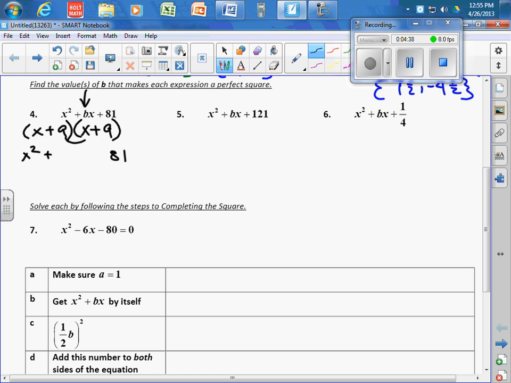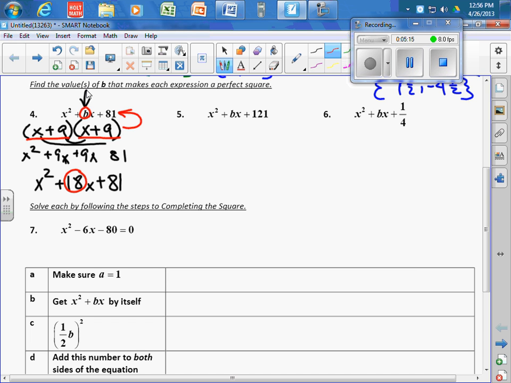We get plus 9x, and we'd have x squared plus 18x plus 81. Well, what's b equal to? 18. So that's what b would have to be in order for this to be a perfect square, because a perfect square is when you multiply two things together and you get that original problem. So if 18 were b, we would have a perfect square trinomial.